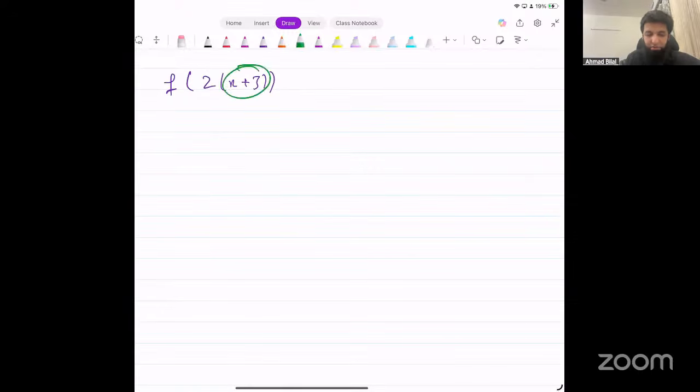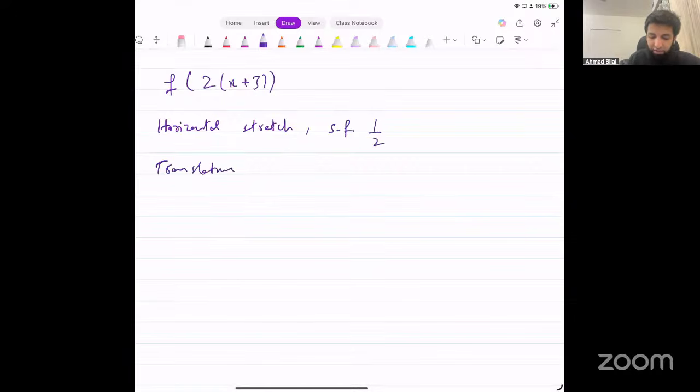We don't do that because we have to do the opposite. So in this case, we would say it's a horizontal stretch. It's still happening inside the function with x. It's a horizontal stretch, scale factor 1 over 2. But then the translation that we write is going to be minus 3, 0. That's also fine.